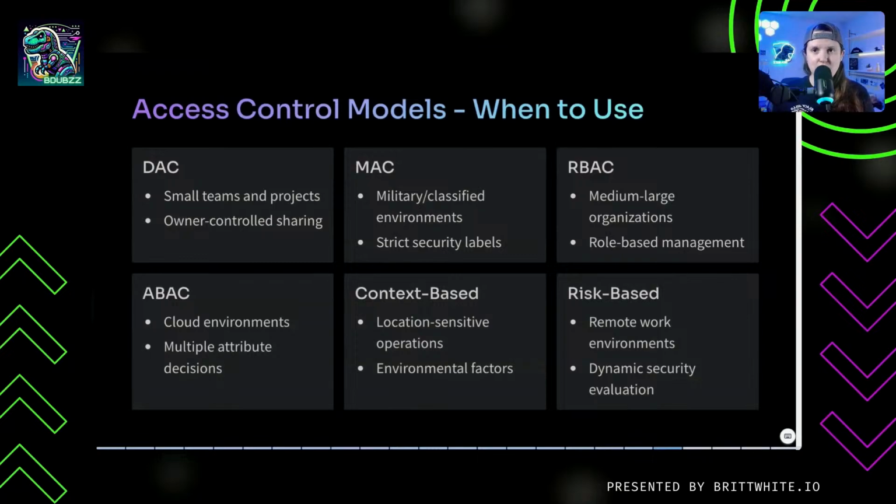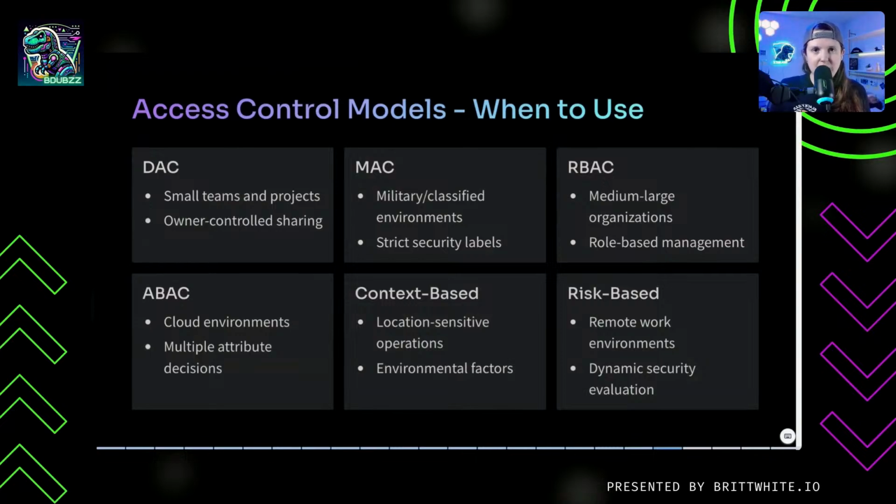Role-based access control, or RBAC, shines in medium to large organizations because it scales well. Instead of managing individual permissions, you're working with roles like HR manager or system admin, which dramatically simplifies administration. Attribute-based access control, or ABAC, is our sophisticated option. It's well suited for cloud environments where you need to consider multiple attributes for access decisions.